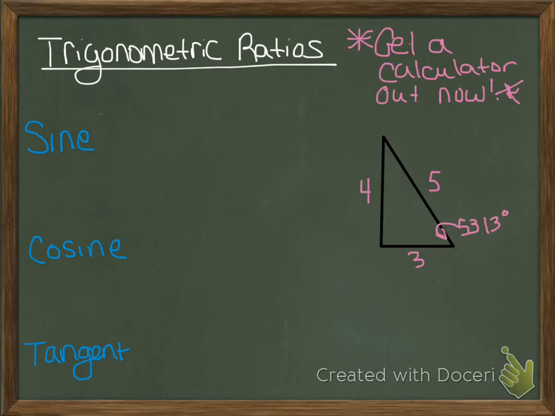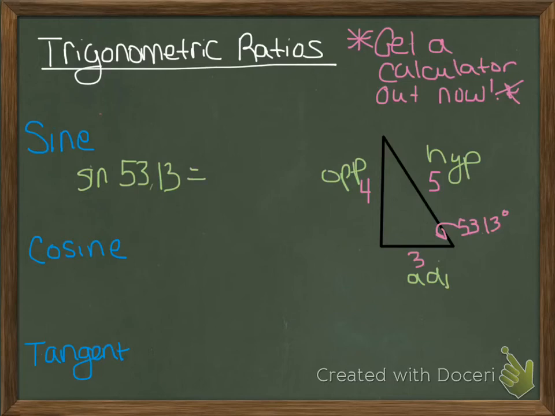So here's one more example. We've got a triangle with a degree measure of 53.13, and we know that the sine of 53.13 is asking for the opposite over the hypotenuse, 4 over 5.